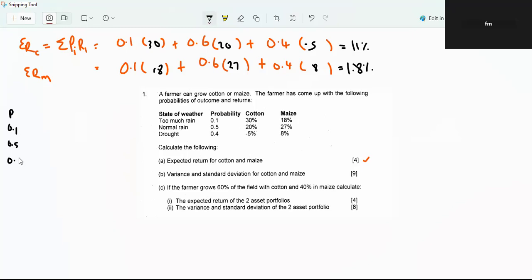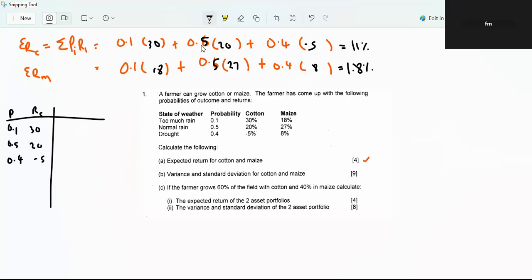Okay, 0.1, 0.5, and 0.4. And the return for cotton was what? 30, 20%, and minus 5.